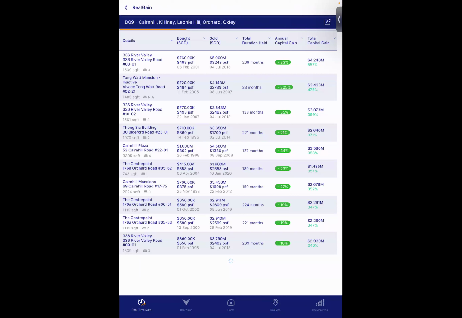These are the results. 336 River Valley. Now I'm a bit curious, what is this project? Oh, there's no project name, just 336 River Valley Road, because there are two units down there, 0801 and 1002.